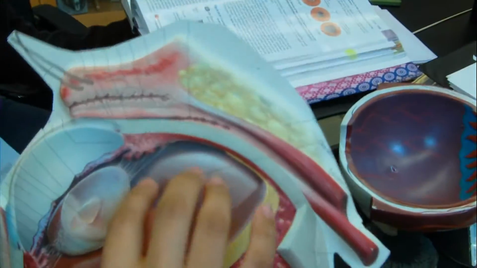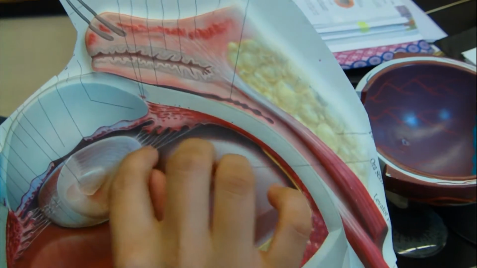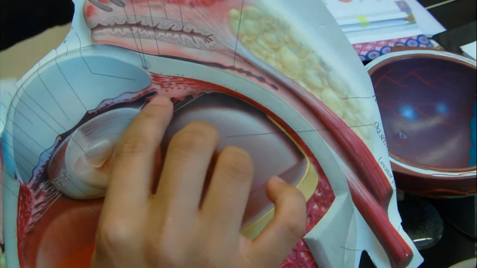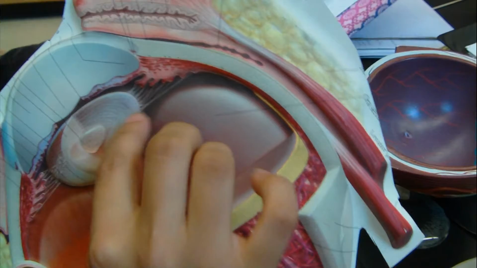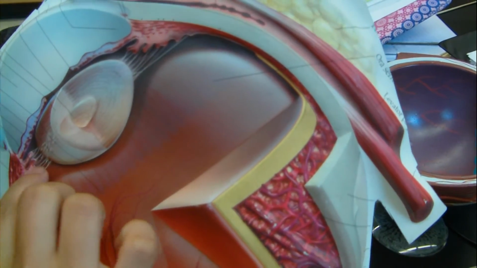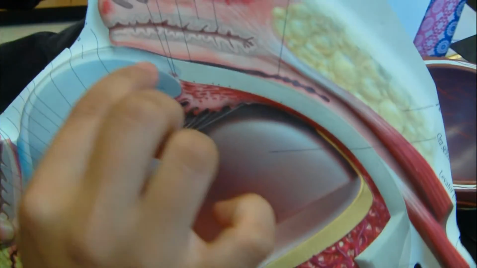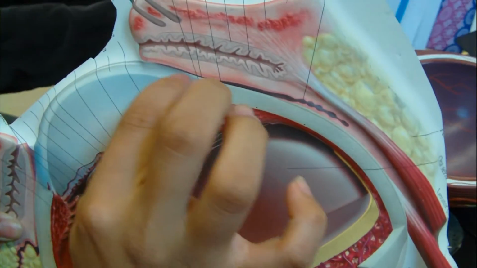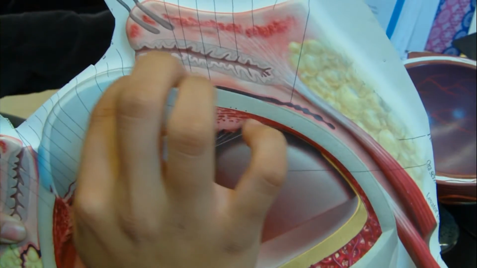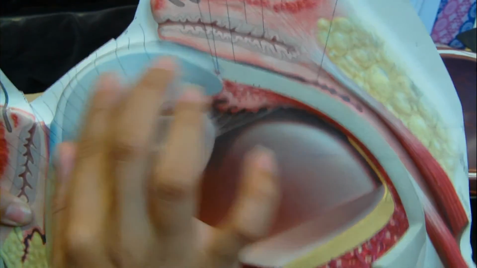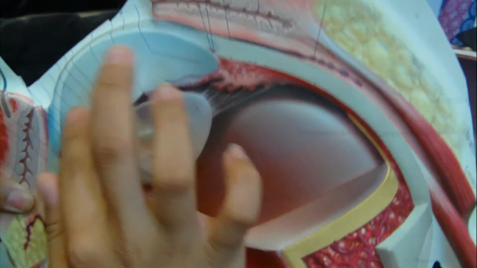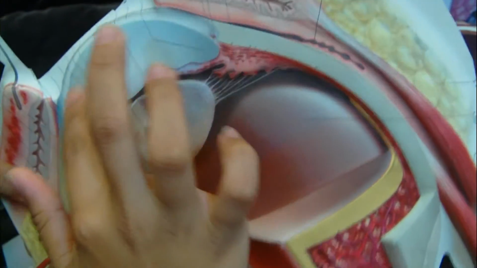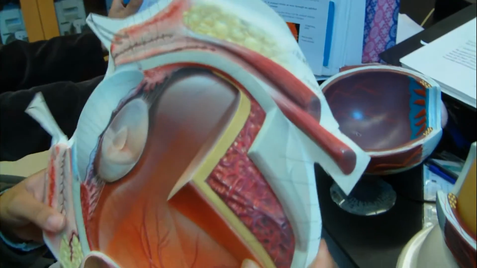Here, the suspensory ligament attaches the ciliary body to the lens. This outer part is your cornea, which you couldn't see here. And then you have your anterior cavity that has the aqueous humor. And that's pretty much it.